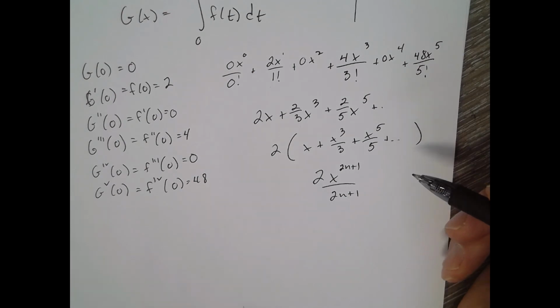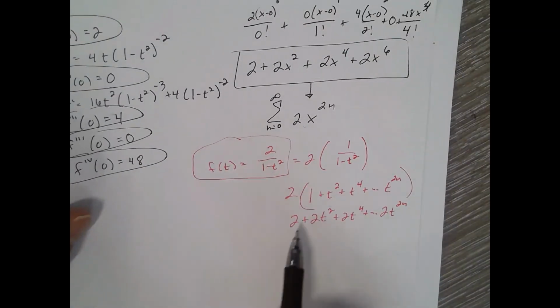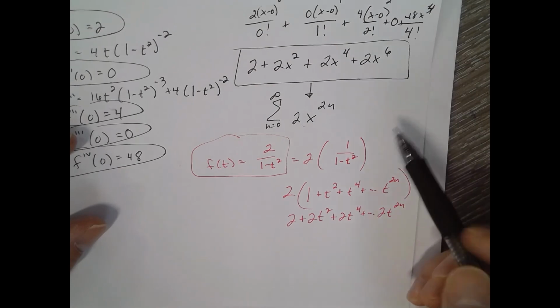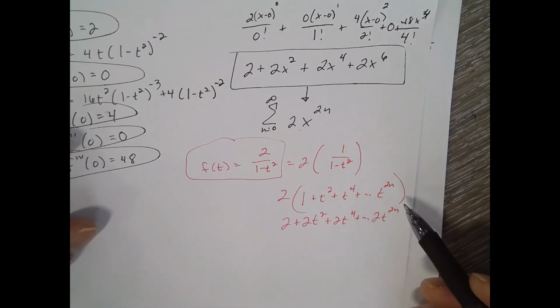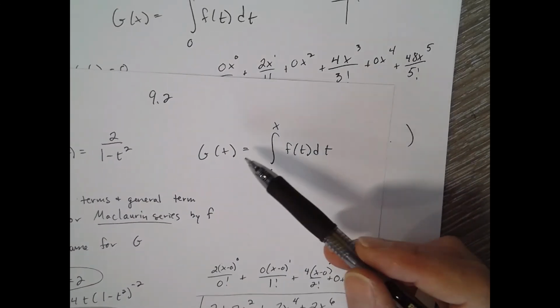How could I have done it differently? Well, we know that f, using an infinite geometric series formula, is initial over 1 minus r. So that's my f, and if I just integrate f, I get g.